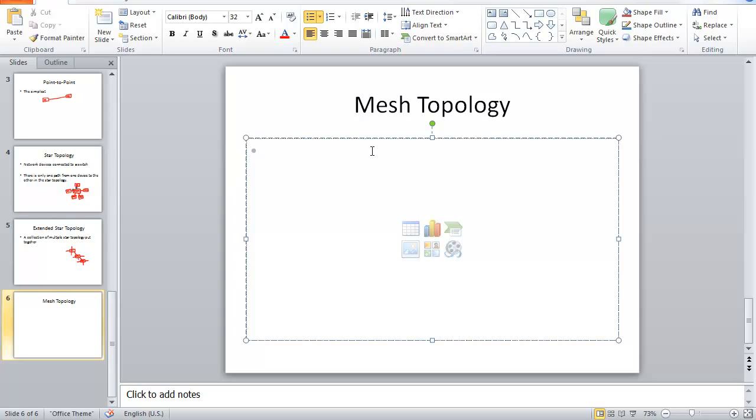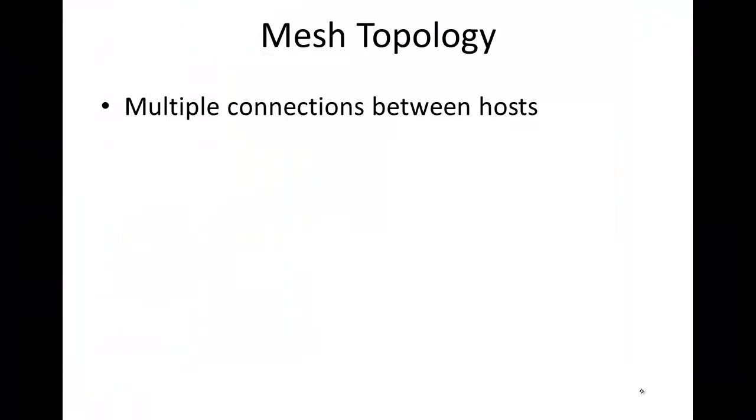Instead of having a single connection between the devices, in the mesh topologies we have multiple connections. The biggest thing about the mesh topology is basically multiple connections between hosts or network devices. If I just draw the topology, it will look like this.